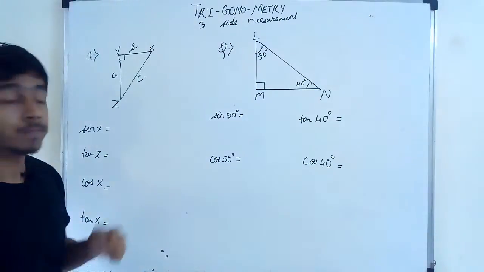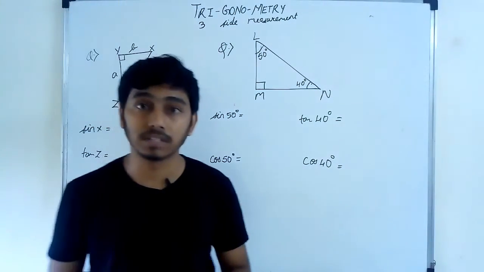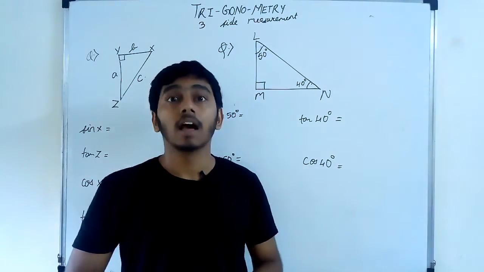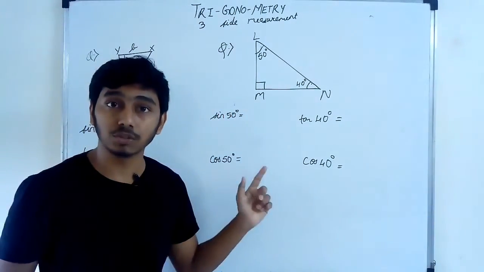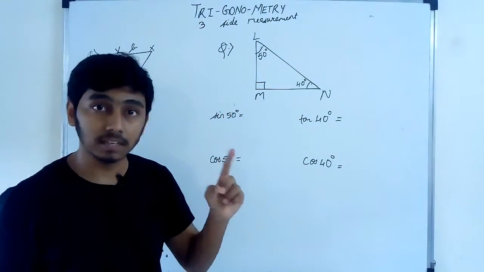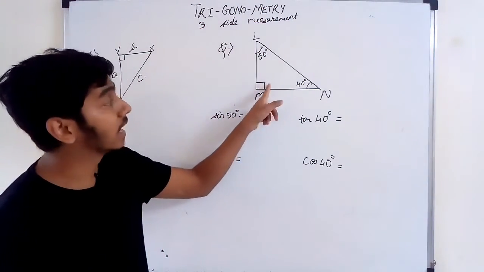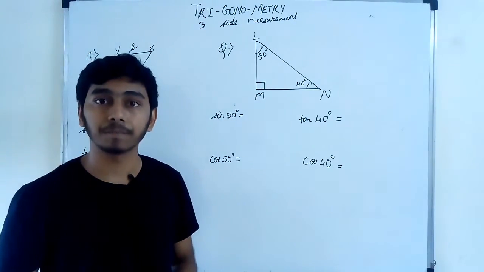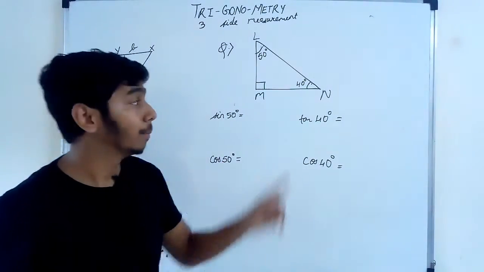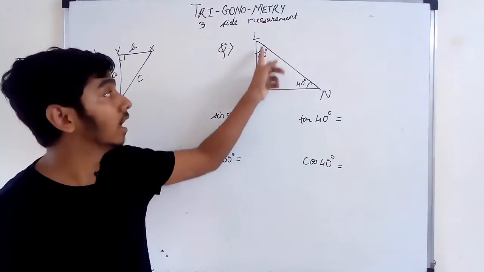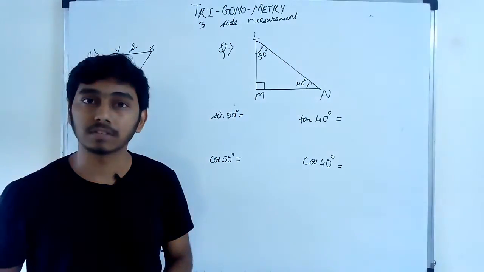This is 90 degree. Before starting with this question, I want to say that whenever you try to find these ratios, you always have to see whether a triangle is a right angled triangle or not. It always has to be a right angled triangle. Why? Because if this is not 90 degree, this will not be hypotenuse.